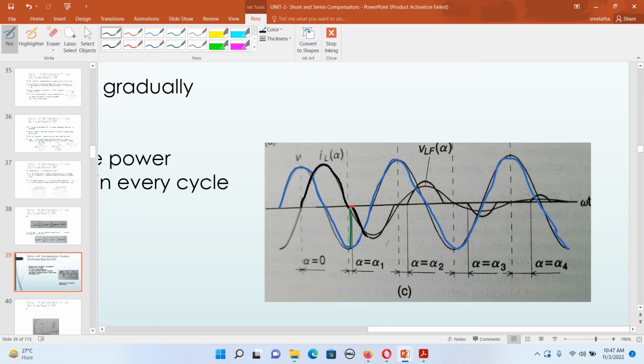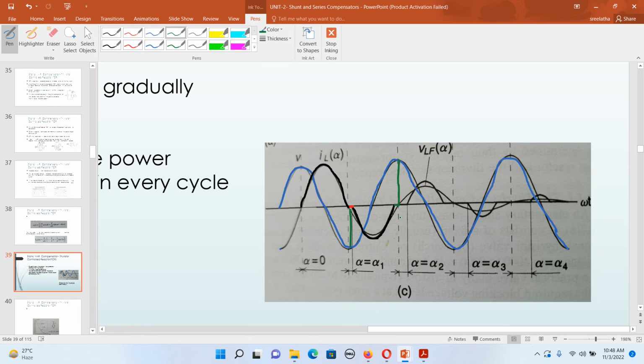Now this value also reduced, if you pay attention. Okay, and now the half cycle has come again. Here there is some gap because of the previous firing angle. Okay, this is something you'll get in the next sessions.